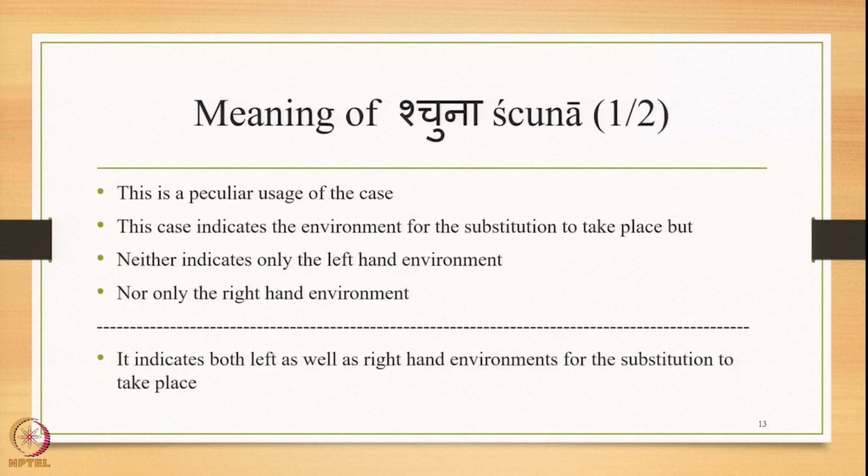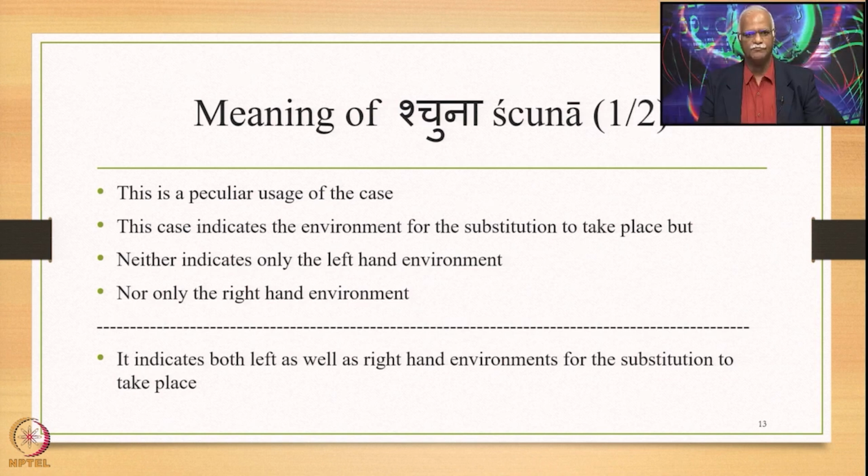Now let us look at the meaning of the word shchuna. This is a very peculiar usage of the instrumental case, tritiya. This case indicates the environment for the substitution to take place, but it does not indicate only the left hand environment or only the right hand environment.